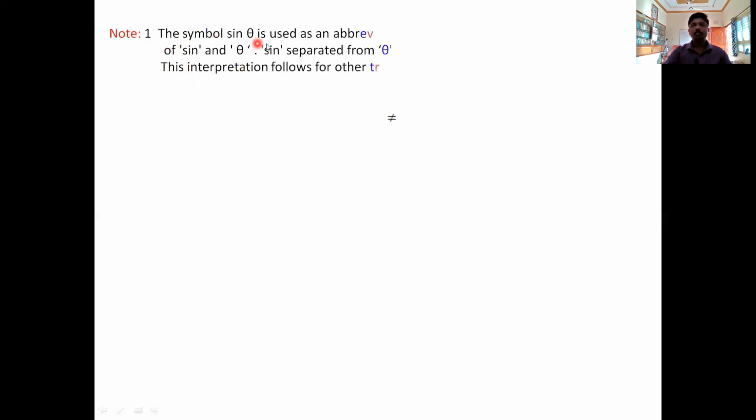Important points you have to keep in mind. Note the symbol sin theta is used as an abbreviation for sine of angle theta. We read it as sine of angle theta.